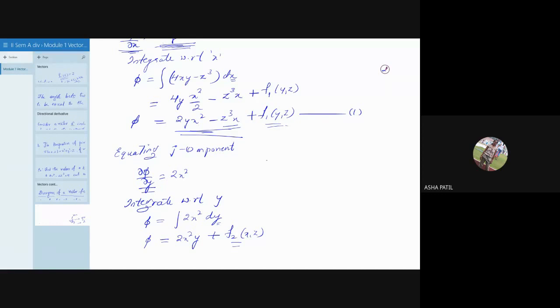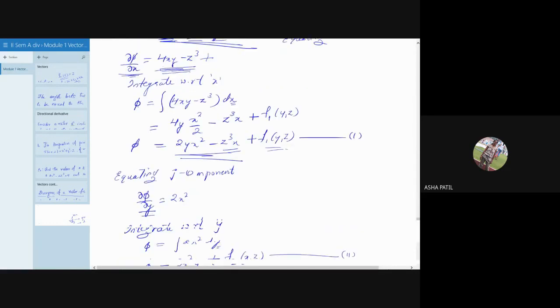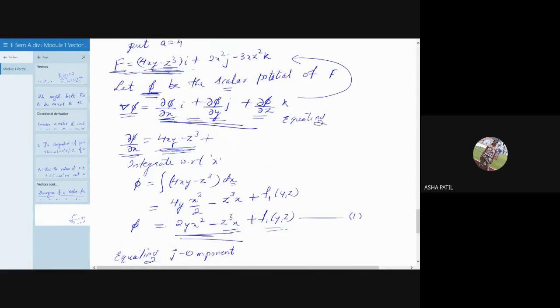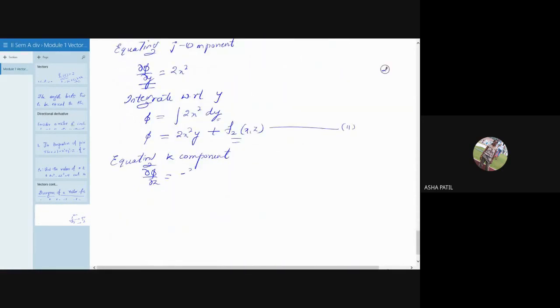Now we'll go for the k component. Equating the k component, ∂φ/∂z equals the k component, minus 3xz². It is minus 3xz².